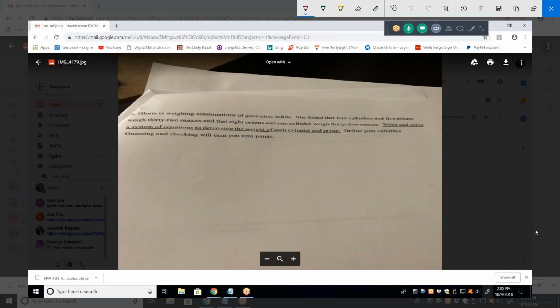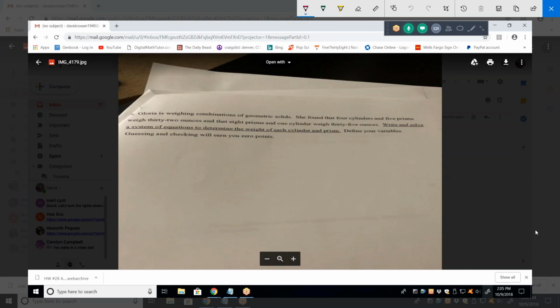Notice that last sentence. Always the most important sentence in a word problem is the last sentence. It tells you exactly how to start the problem. Define your variables. So let's start with that. What two things are they asking about?